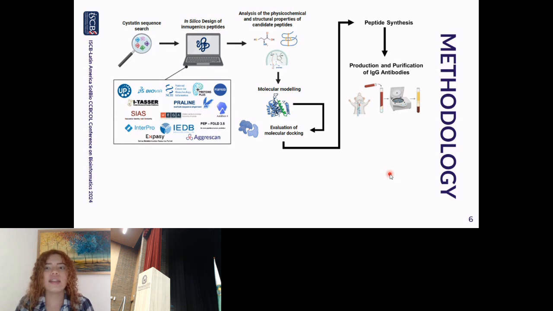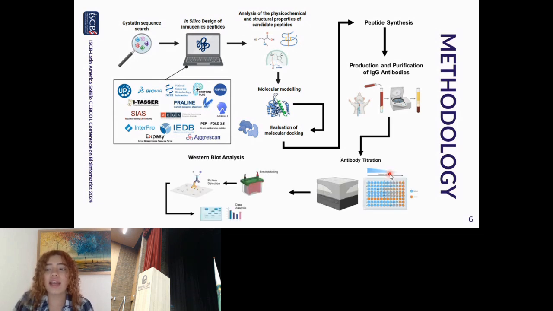Following this immunization, we collected the serum samples from the rats and performed an ELISA assay in order to confirm the presence and specificity of the antibodies. And finally, we utilized these antibodies in order to investigate native cystatins in whole body extracts of the nematode Ascaris lumbricoides.